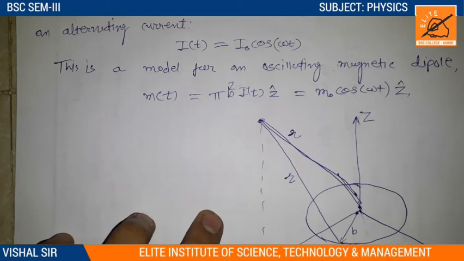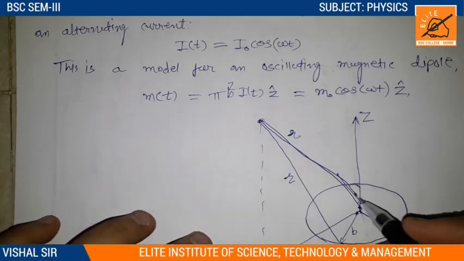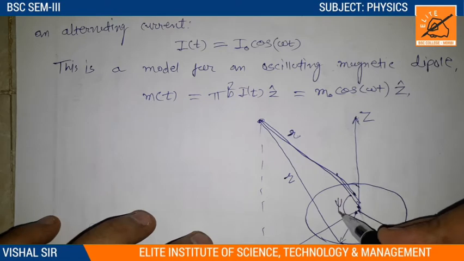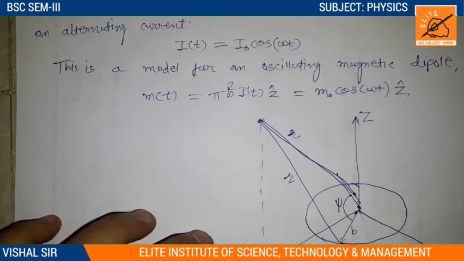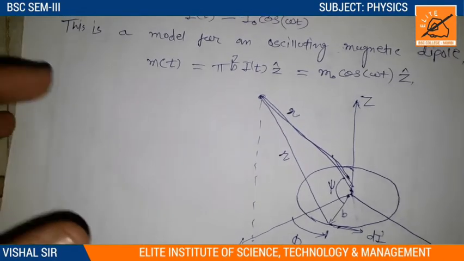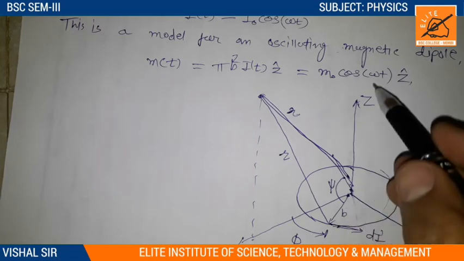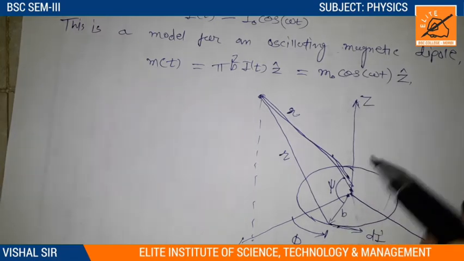This one is the current element dI dash that will be flowing from this, the angle between these two is psi, and the angle between these is phi. So this is the figure for this case. The radius of this wire loop is small b, and this one is the x, y and z directions.